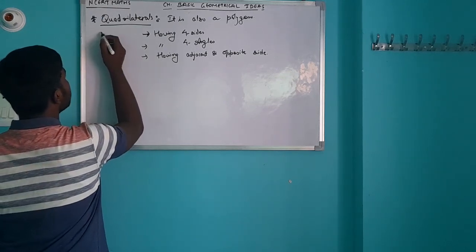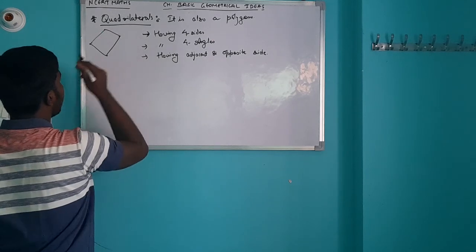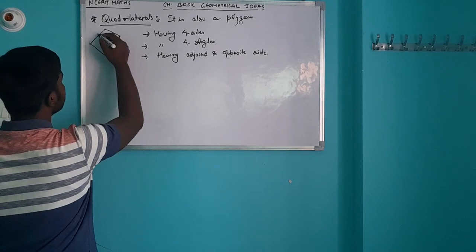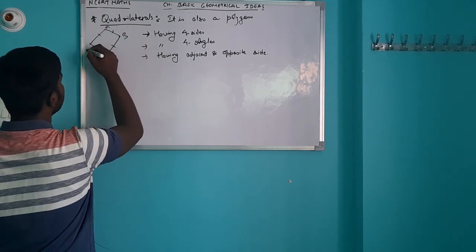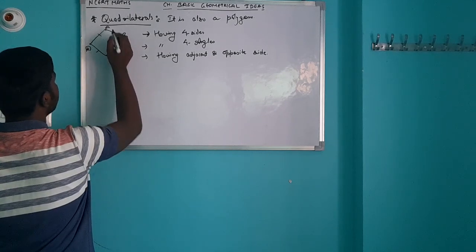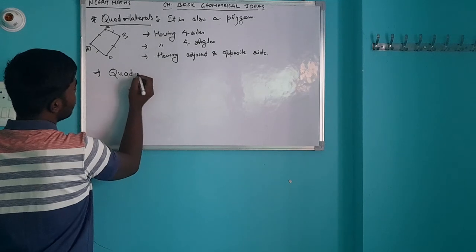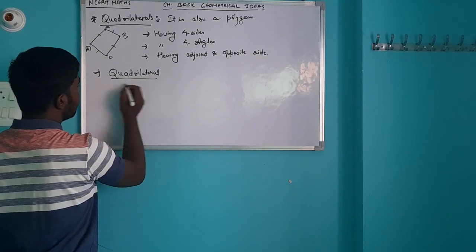So the quadrilateral simply looks like this. We can make any shape but it has 4 sides, meaning 4 arms, A, B, C, D. So about the quadrilaterals, we have several conclusions.